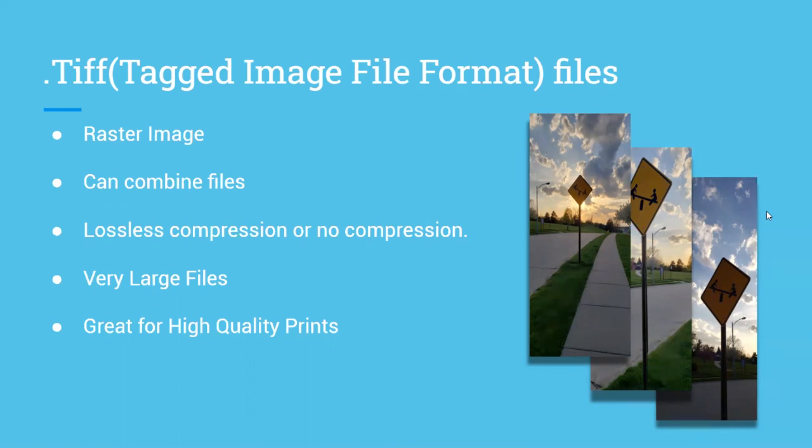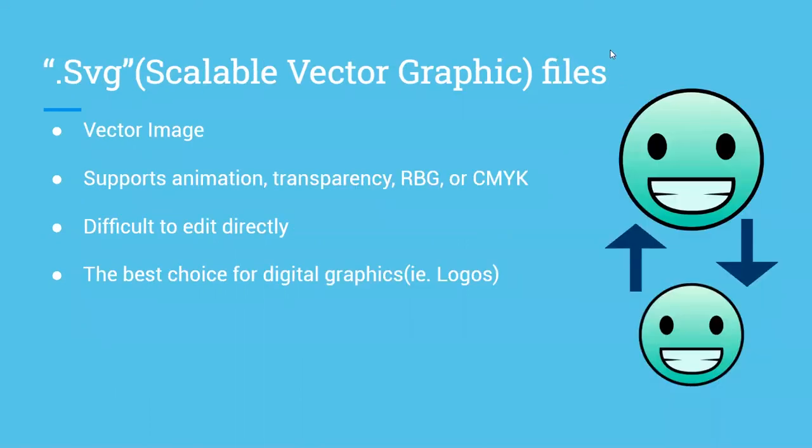Another thing that makes TIFF so large is the ability to use 8 and 16 bits per pixel, which greatly extends the range of available colors that can be used in a TIFF file. Ultimately, TIFFs are great for making files that are for high-quality prints or combining multiple photos to reduce your number of files.